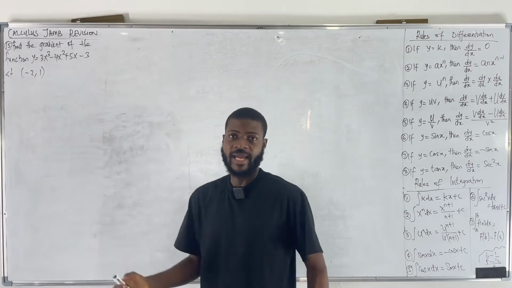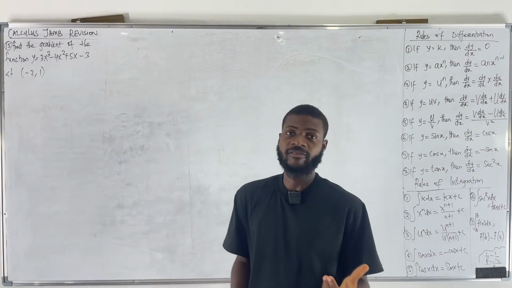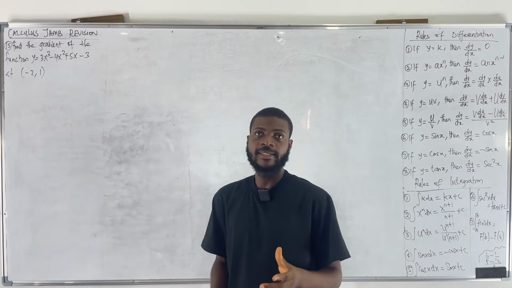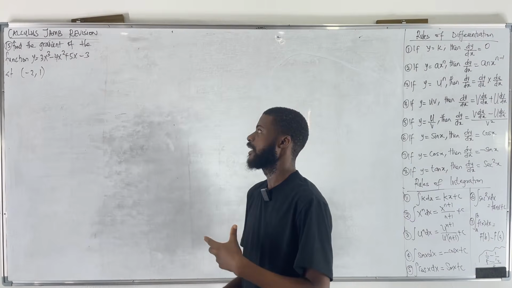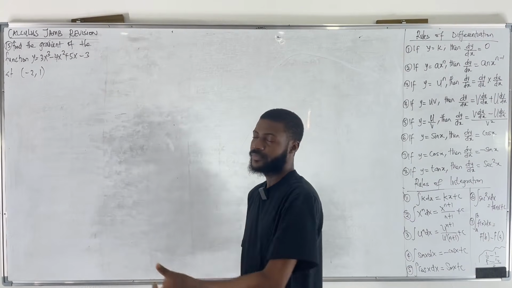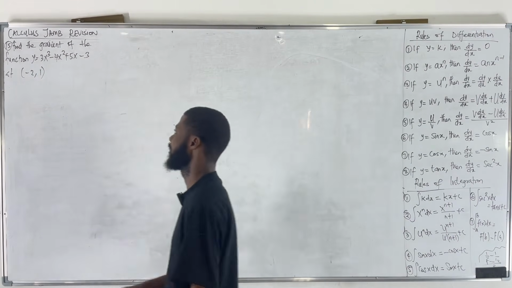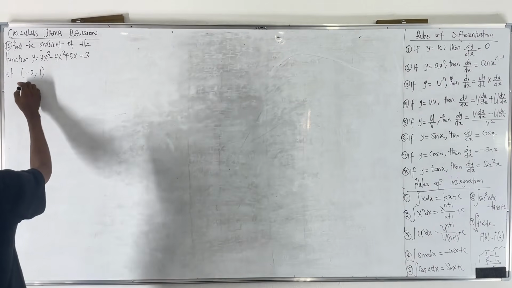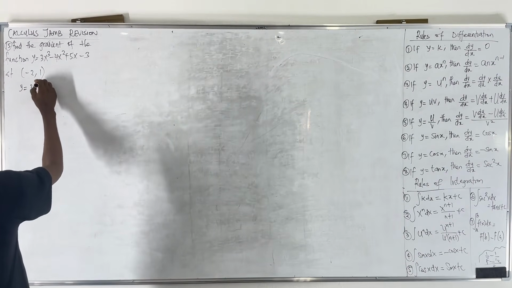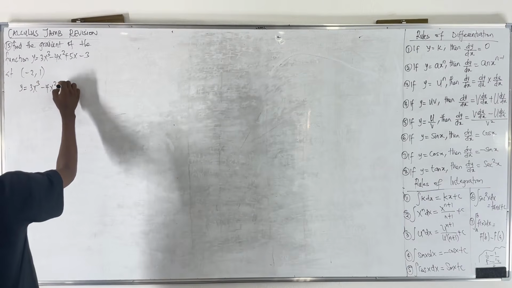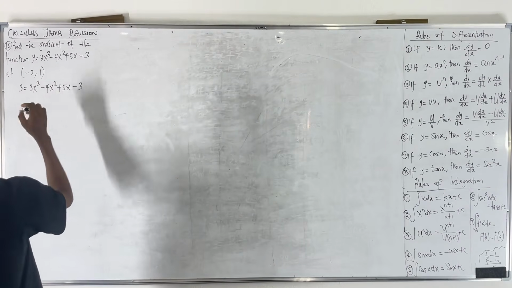Okay, so this is the equation we have. One of the applications of differentiation is to find gradients. That's one of the applications. So first of all, y is equal to 3s cubed minus 4s squared plus 5x minus 3.